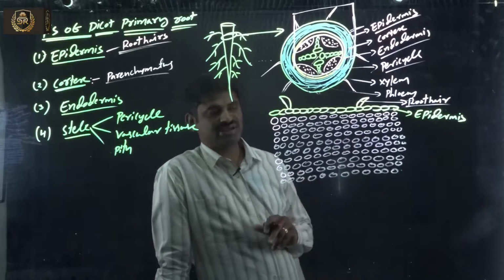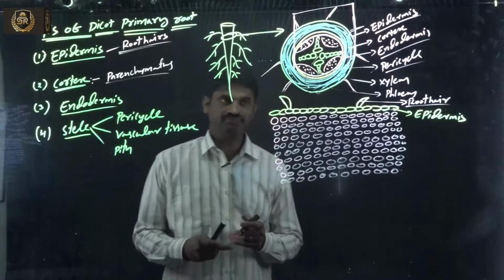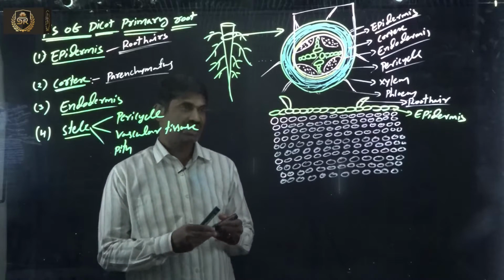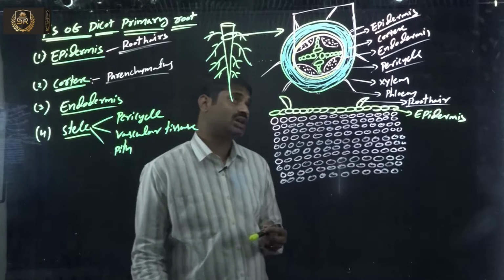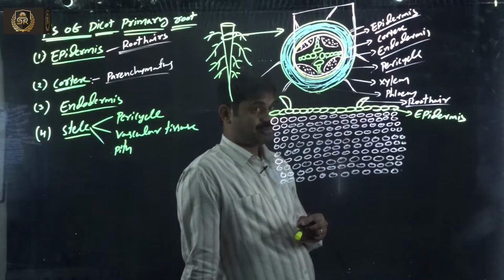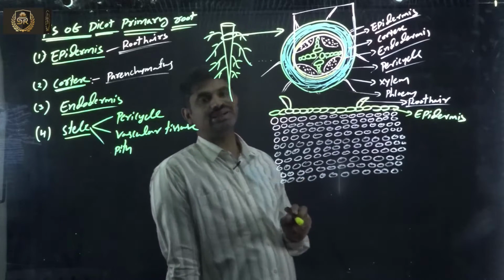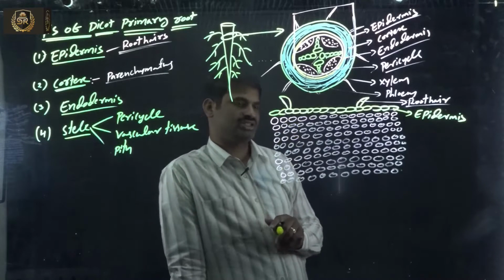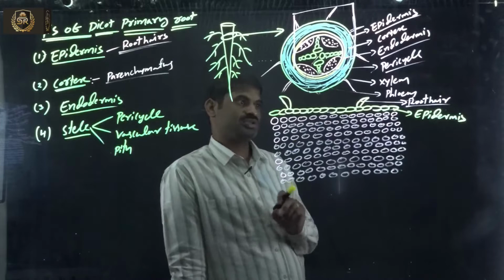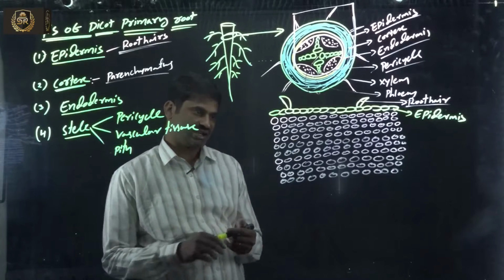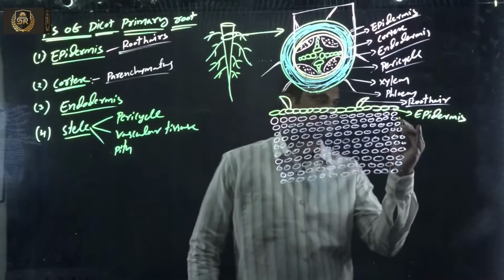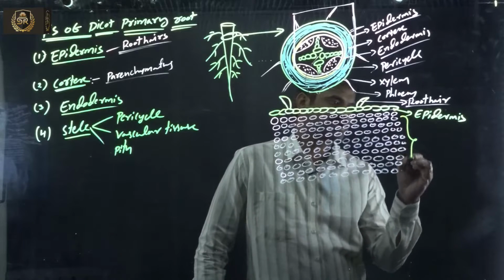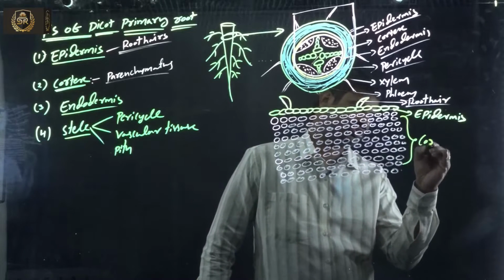Some epidermal cells extend outside, which is called root hair. Root hairs are unicellular exogenous structures. Their main function is absorption of water and minerals. And the second part is called the cortex.